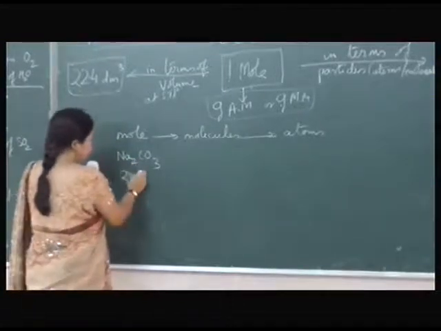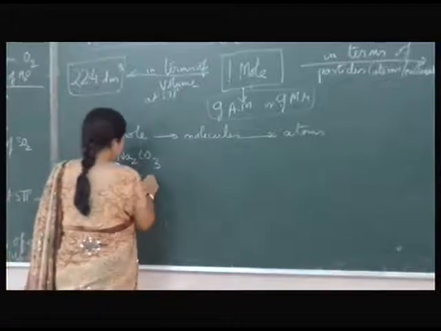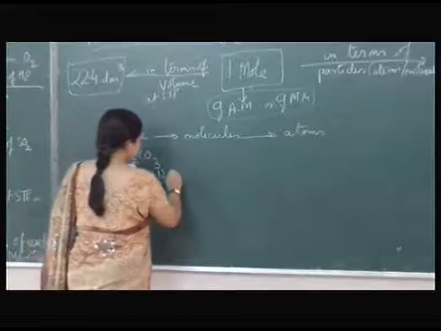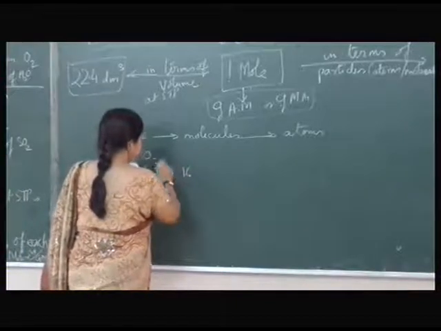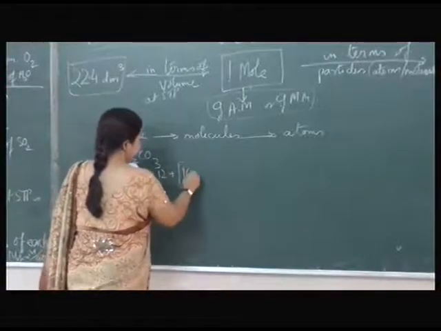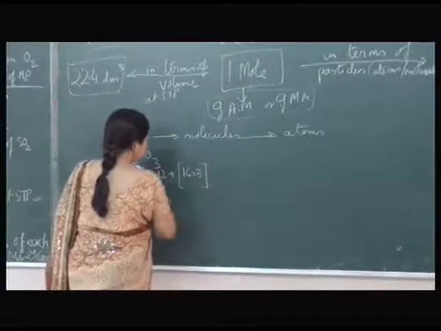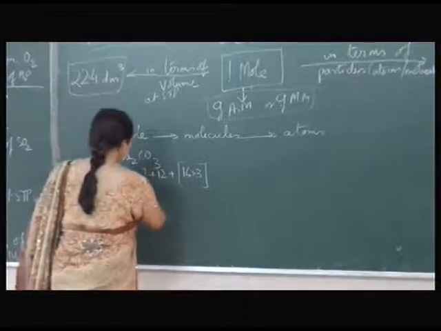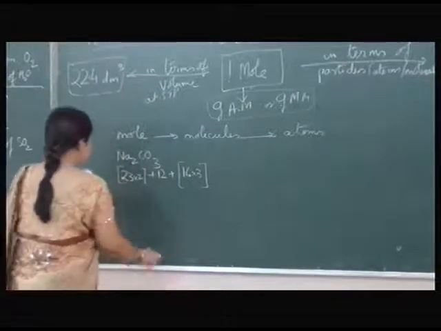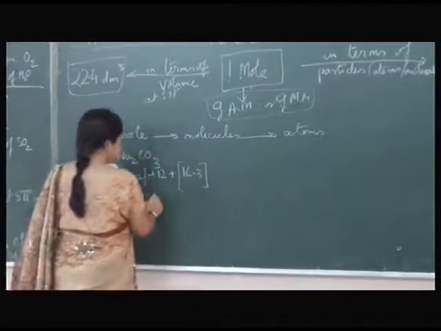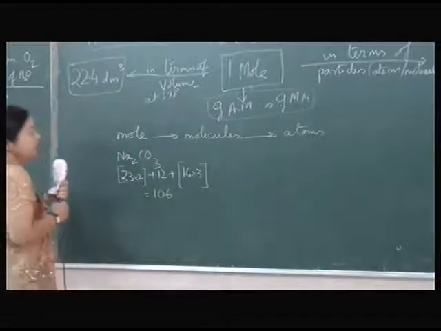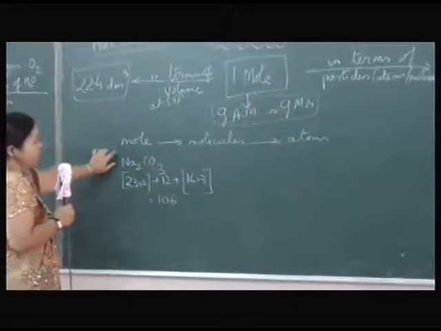So Na is 2, so this into 2, plus carbon 12 plus 16, O is 16 into 3, means 48. 2 into 23 is 46, plus 12, plus 48, this comes to 106. Now this is the gram molecular mass of 1 mole.